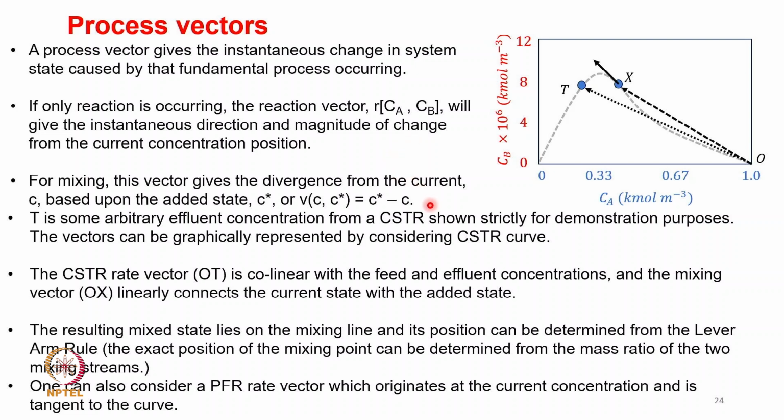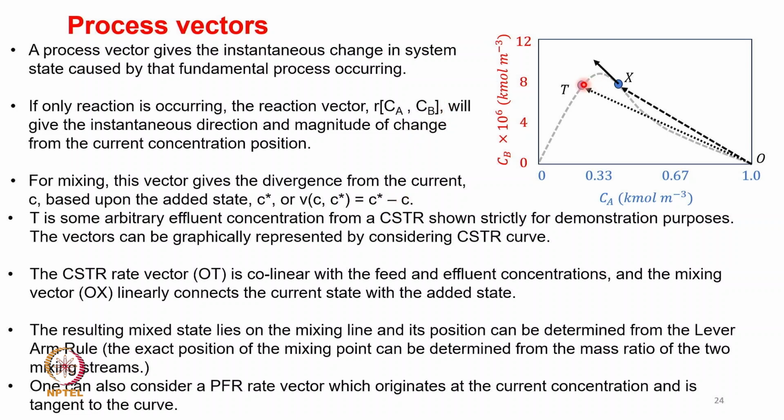If mixing is happening, this vector gives the divergence from the current concentration based on the new state. In terms of rate, it gives you the direction and magnitude of change from the current concentration position.